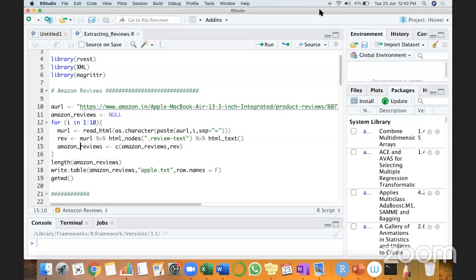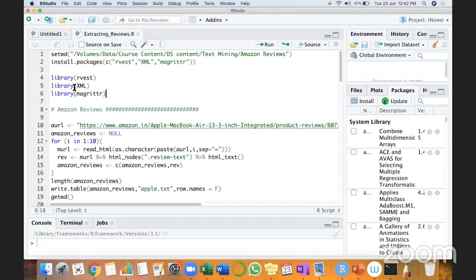So this is what the R code is. Right? Yes. So this is a kind of web scraping. Yes, that's right.